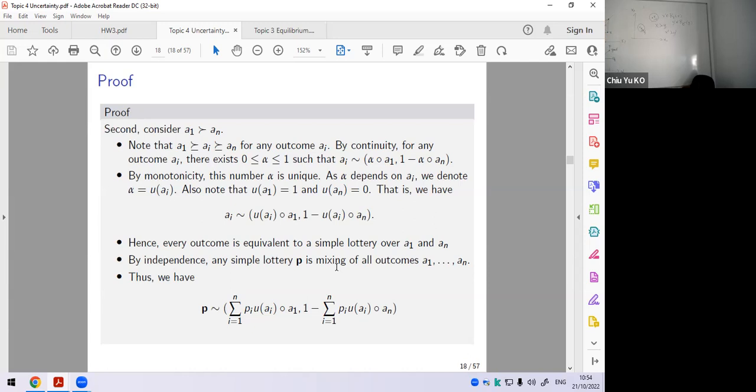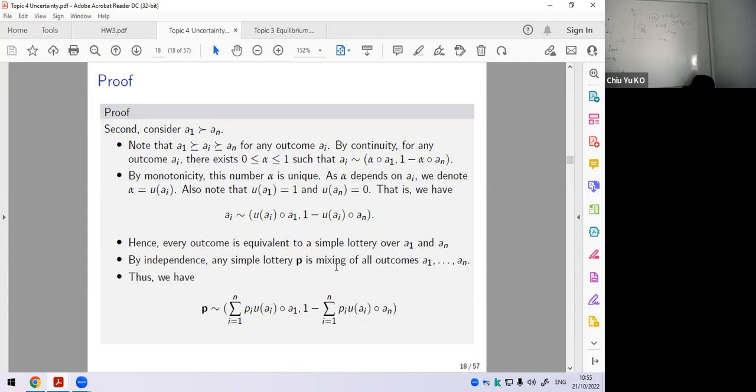That's why in this proof the important part is finiteness. We only have a finite number of outcomes. When you have infinitely many outcomes, this construction doesn't work and you need a very sophisticated version. But we just focus on the finite one. This number must be unique because of monotonicity: if you increase a little bit, it's actually better. So the uniqueness comes from monotonicity. And this number is called utility.